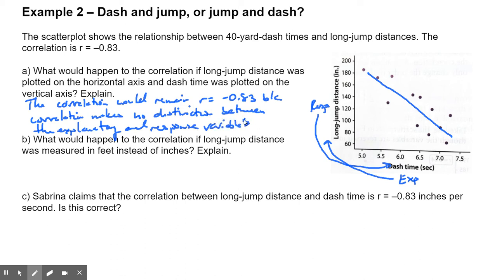Sorry, that should be an S. Variables. So the correlation would remain R equals negative 0.83 because correlation makes no distinction between the explanatory and response variables.